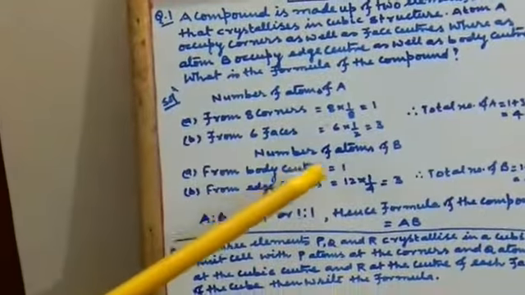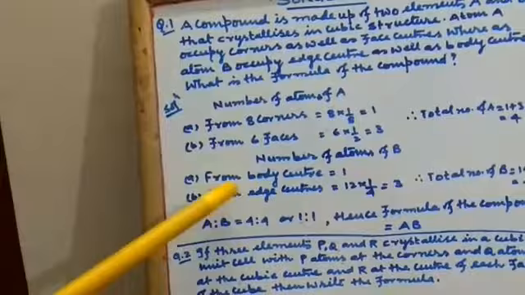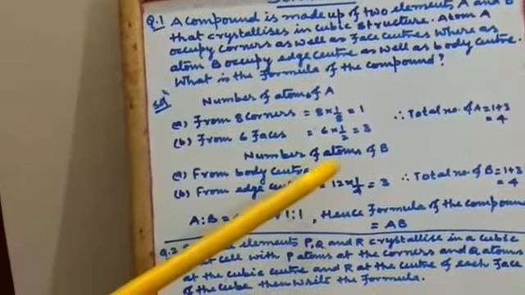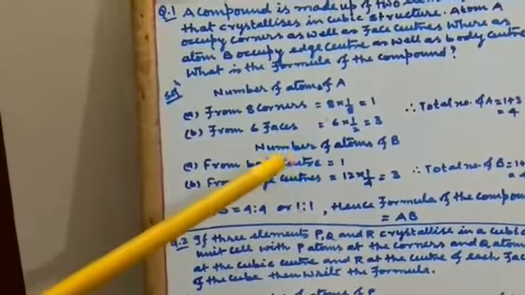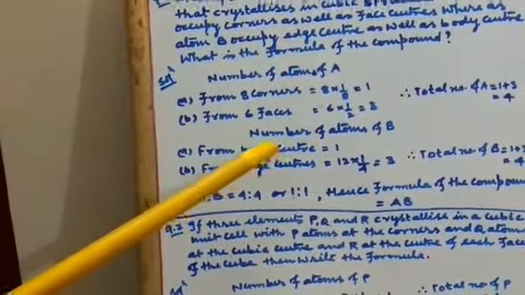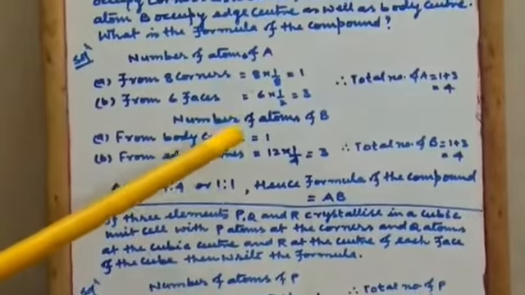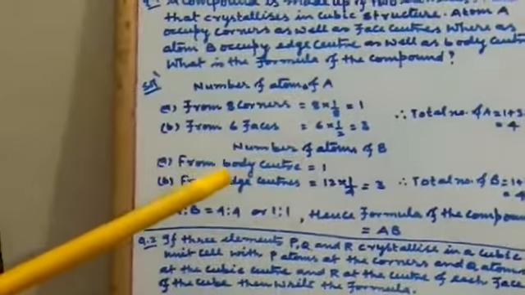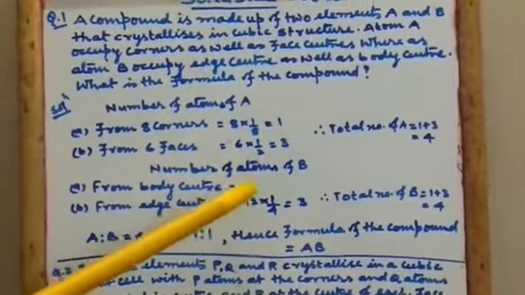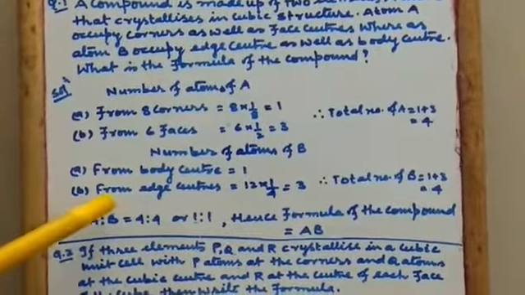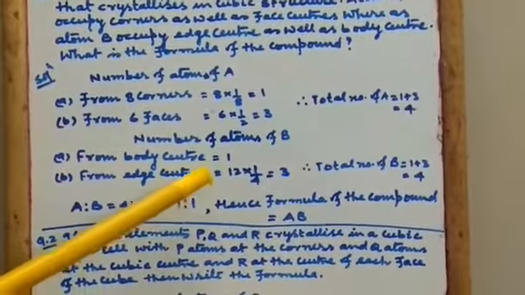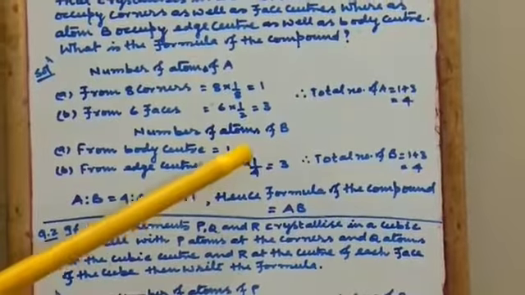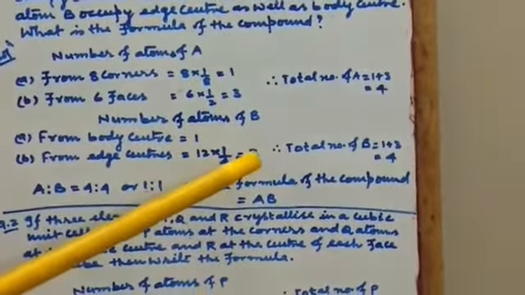Now number of atoms of B from body center is equal to 1. We know that in a cube there is only one body center and its contribution is 1. From edge centers is equal to 12 into 1 by 4 equal to 3.